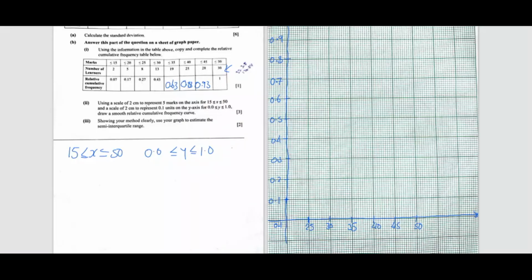So for the first one, when plotting, the x values are here, then the y values are here. So we want to plot 15, 0.07. Now what this means is we know that in the y-axis 2 centimeters represent 0.1.